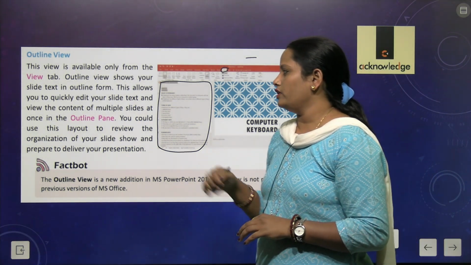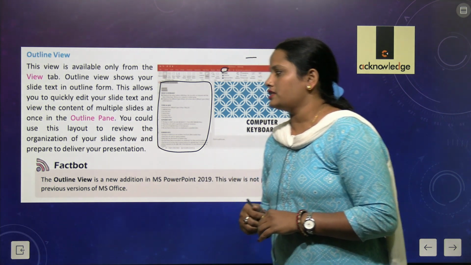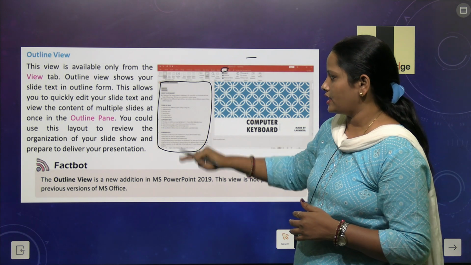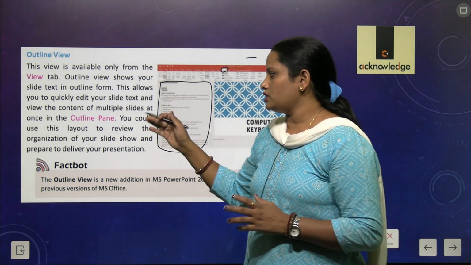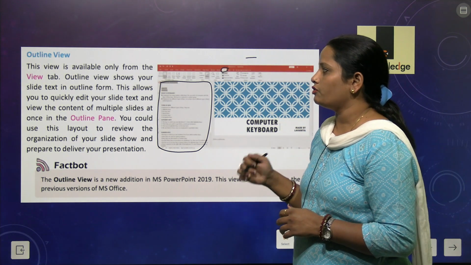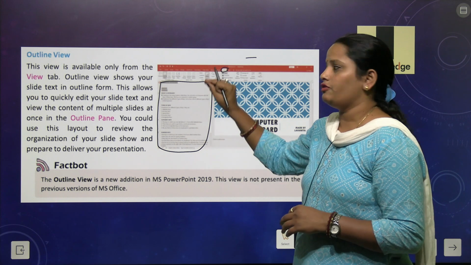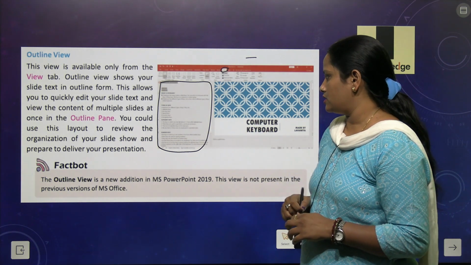We can see how the slides are organized by this outline pane. So this outline pane is very beneficial for us, as it gives us a quick brief introduction of what all slides are inside our presentation.